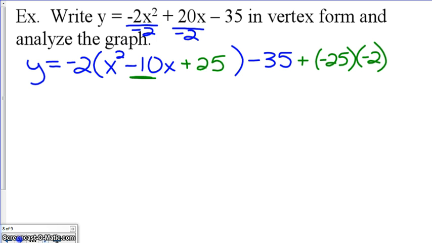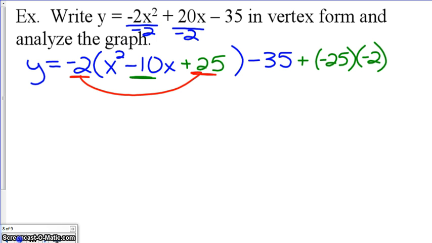Why am I doing that? Because this -2 right here is actually distributed to that positive 25. So we actually have to get rid of that entire amount. When I do that, remember, instead of adding 25 and subtracting 25, I'm actually adding in a -50, so I have to subtract my -50 as well.